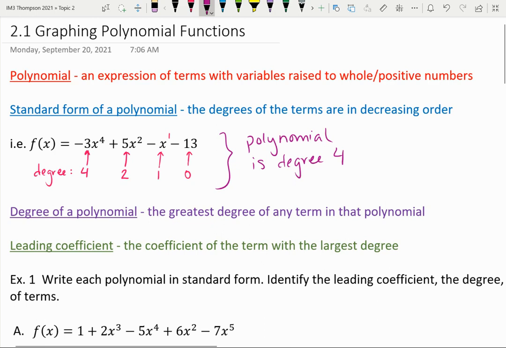So we say that that's a degree 4 polynomial because the largest degree of any term is 4. So whatever the term that has the biggest degree, that's the degree of the whole polynomial.